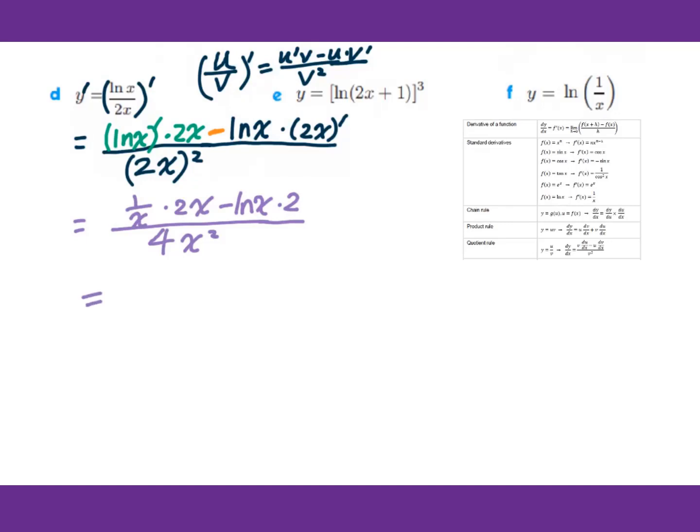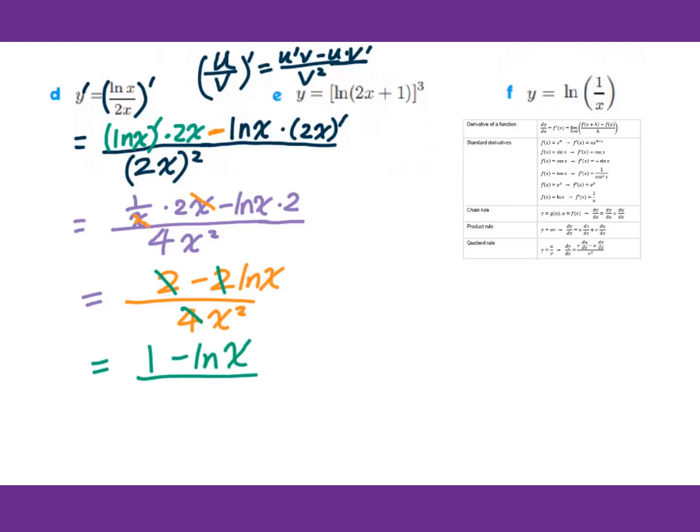So we organize. Reduce x. We have 2 left minus 2 natural log of x. The denominator is 4x squared. The common factor is 2. Therefore, you will get 1 minus natural log of x over 2x squared.